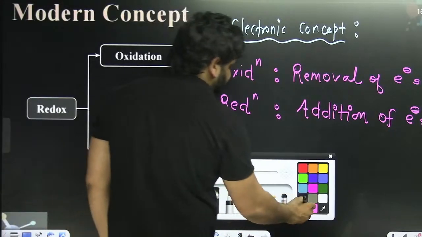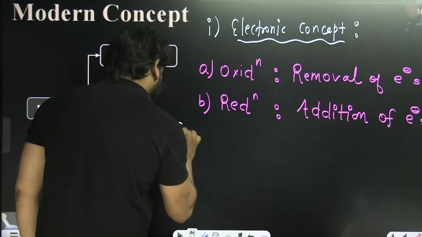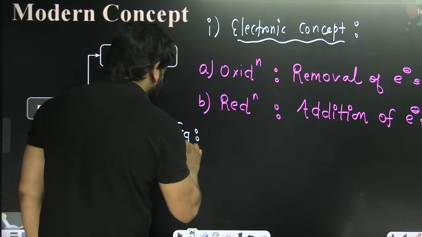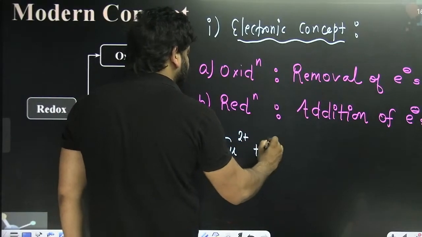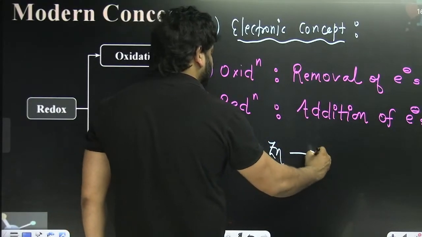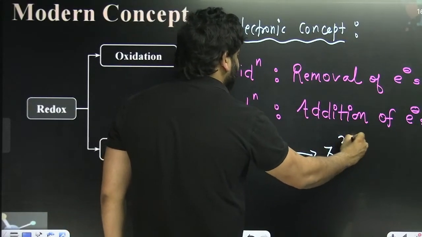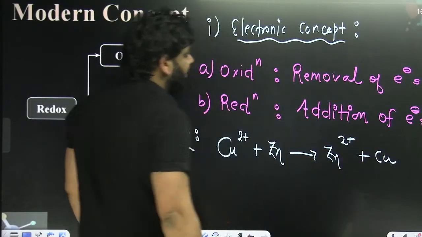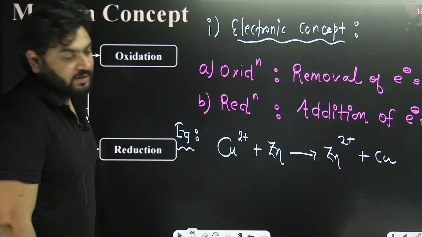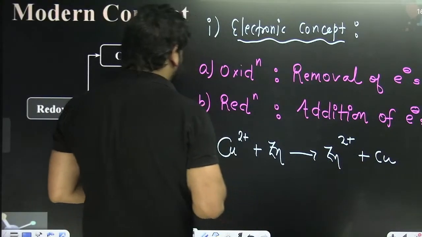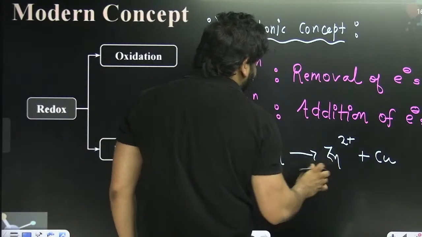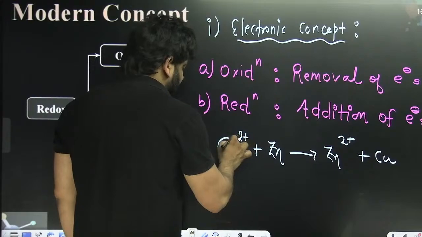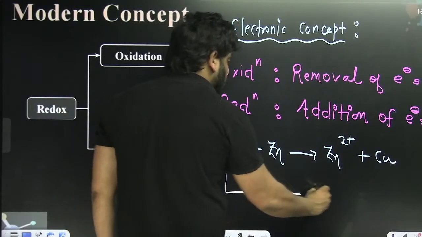Removal of electrons, and then we have addition of electrons. Now take this example, everybody. Cu2+ plus Zn produces Zn2+ plus Cu. Can you identify this reaction? What is exactly happening here? If I take this reaction individually, how can this Cu2+ go to Cu?